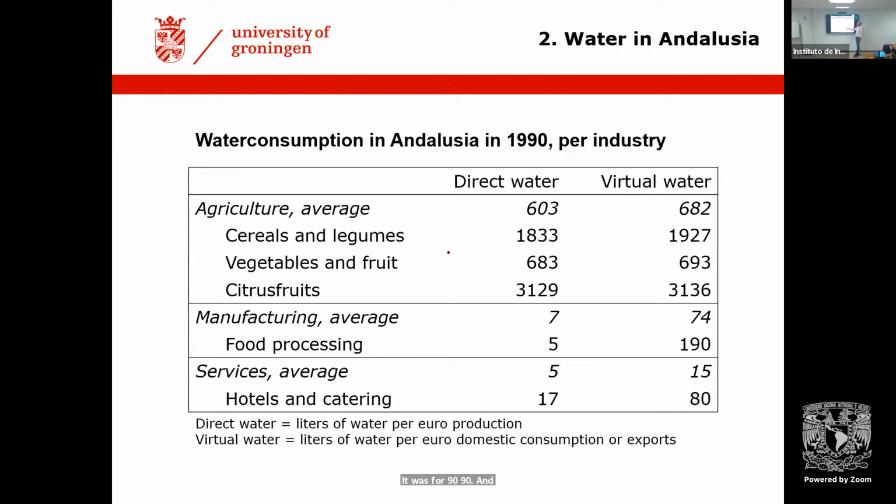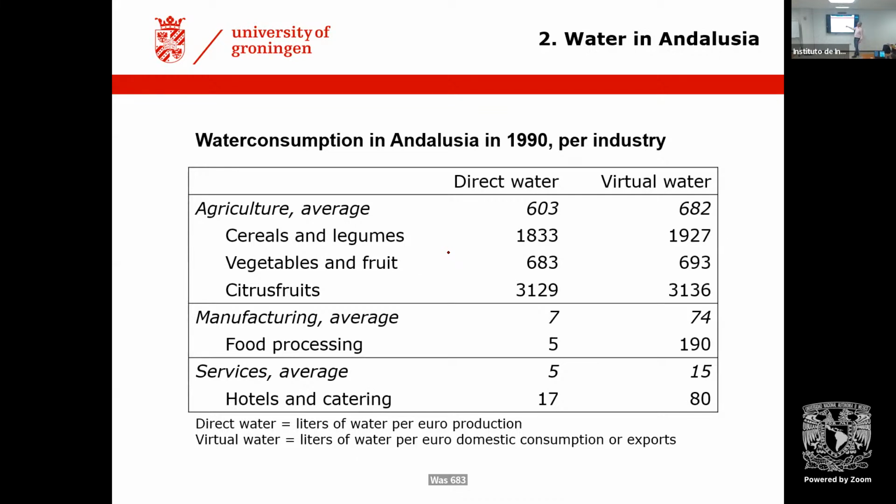And here we have the column with direct water. And direct water is the liters of water used per euro of production. So, for example, vegetables and fruit are not so water intensive. For 1 euro of production, that in 1990 was 683 liters.